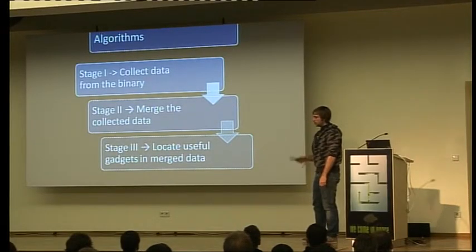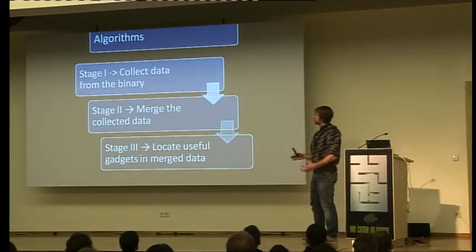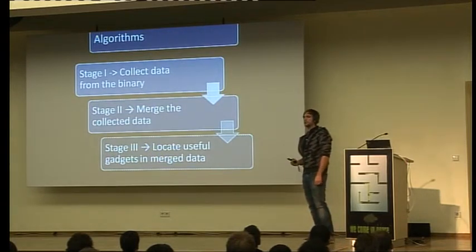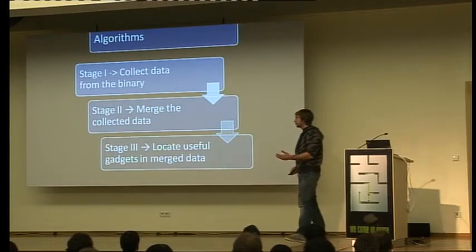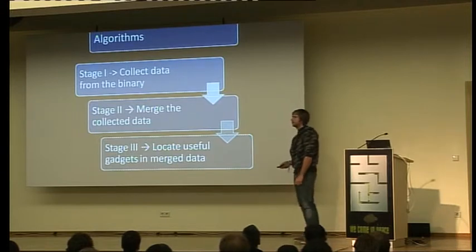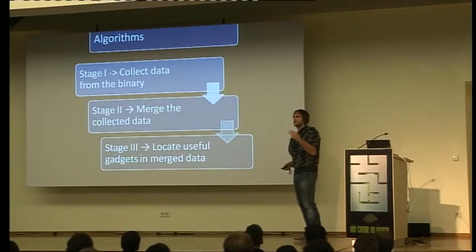After we have now learned what we want to achieve, we're going to dive into the algorithms that we use to extract the information out of the binary, which we can later use to define our complete gadget set. In the first stage, we collect all the necessary information from the binary that we need to later get an idea of the semantic information of certain paths and the instructions on those paths.